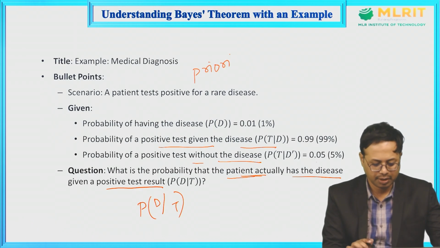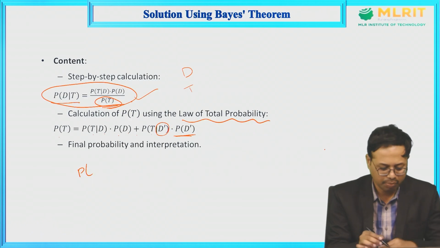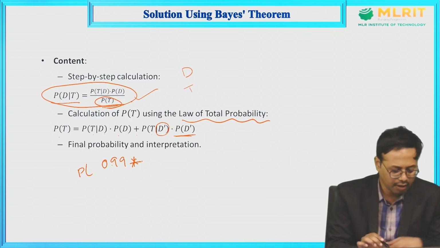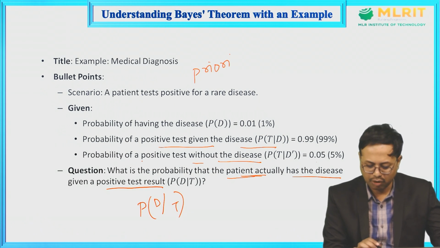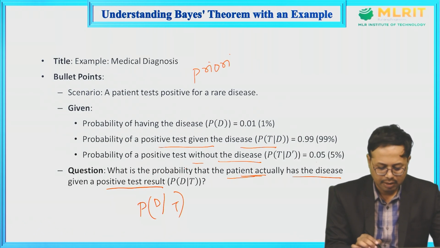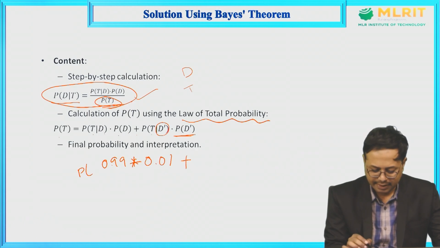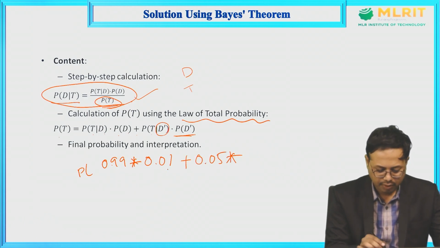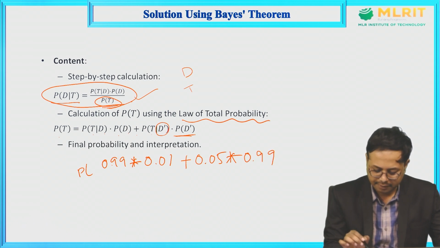Substitute those values. P of T given D is 0.99, into P of D. P of D is how much? 0.01, plus P of T given D dash is 0.05, into the remaining portion, 0.099.